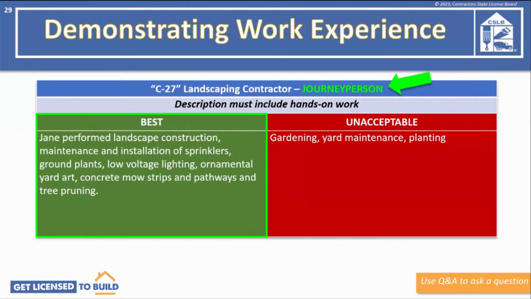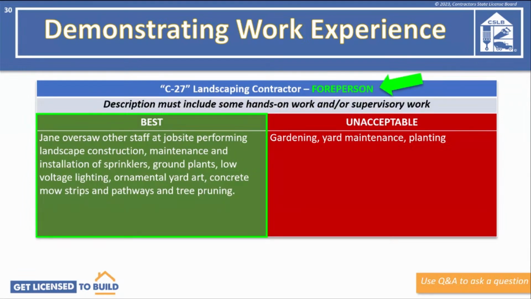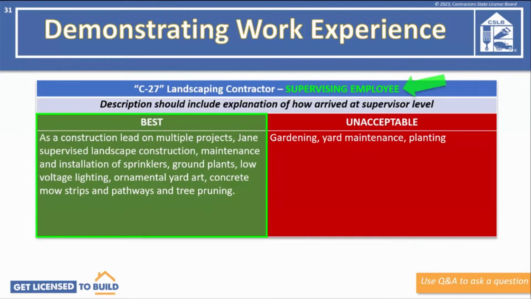For a C27 landscaping foreperson, the description should indicate overseeing other staff performing the trades. And for a C27 supervising employee, the description should include an explanation of how you arrived at the supervisory level for the trades on a project.